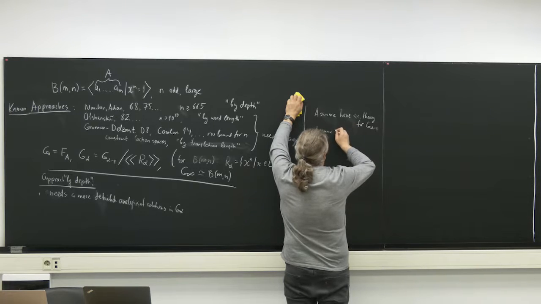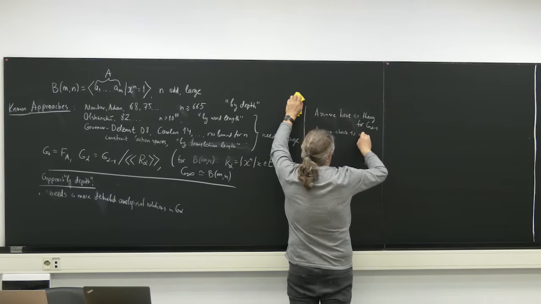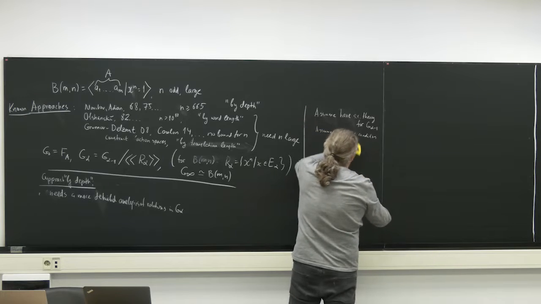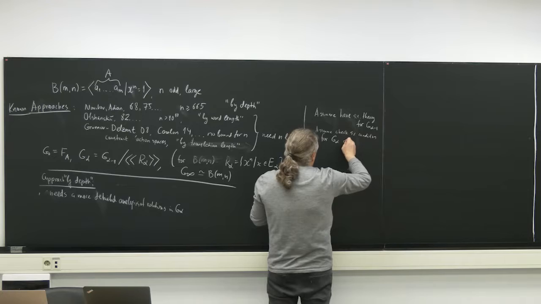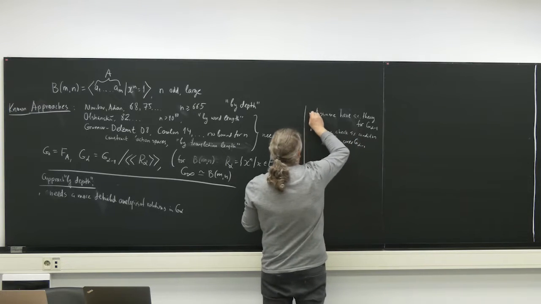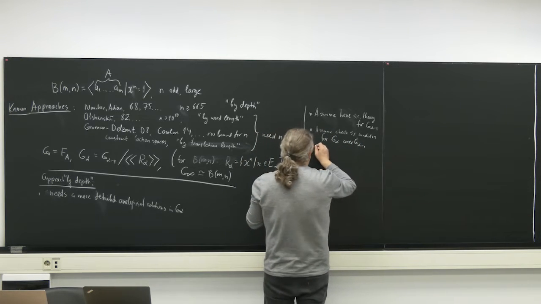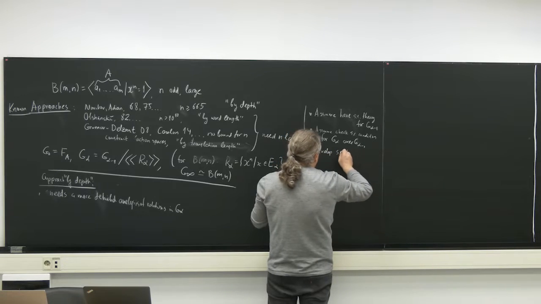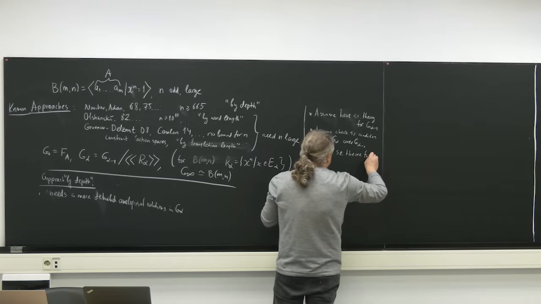We check the small cancellation condition for rank alpha, for G alpha over the previous. Okay, and then, because we check the small cancellation condition, we develop small cancellation theory for G alpha.